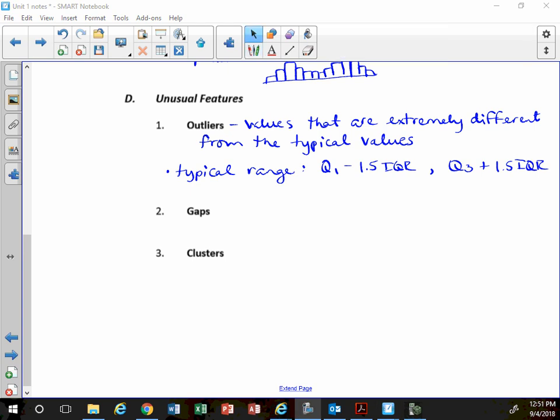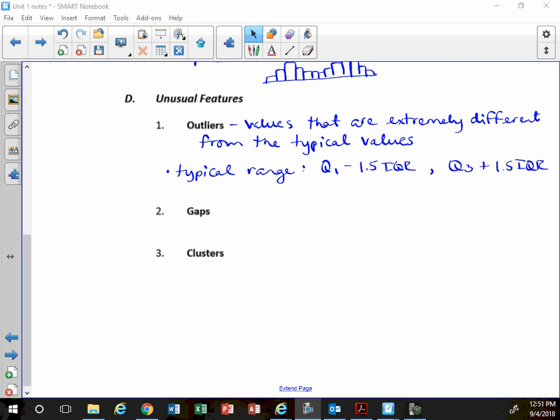What do you think a gap is? What would it look like in a histogram or a dot plot or anything like that? Yeah, exactly. You're going along and you've got your little pieces of your histogram, and then there just isn't one for a set of values, and then it continues. Okay.